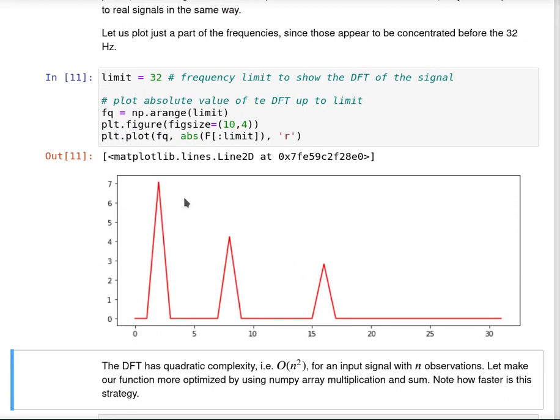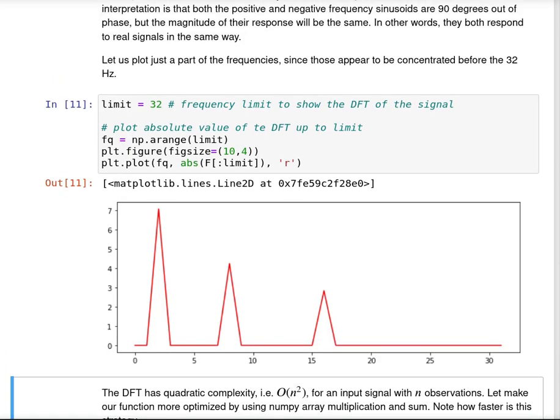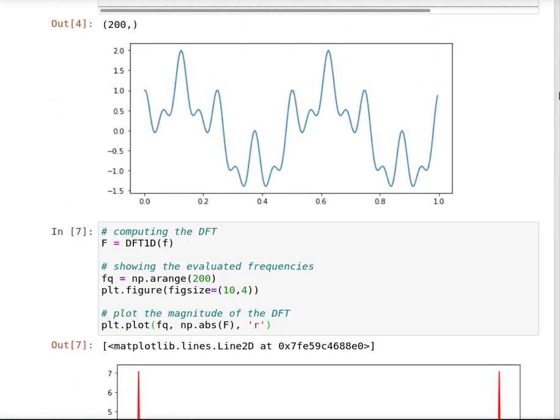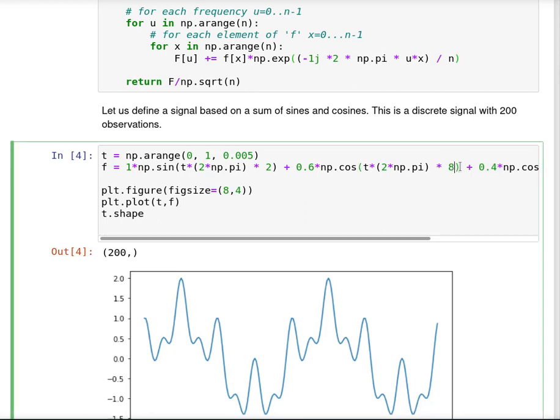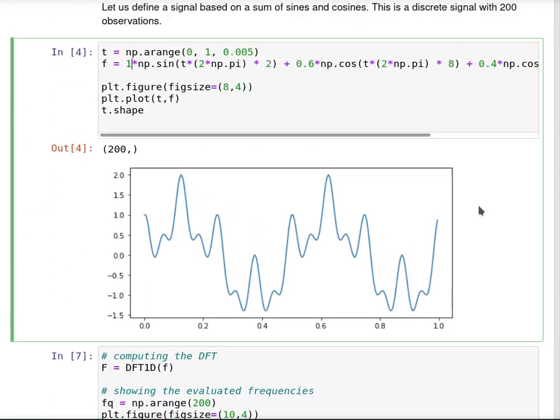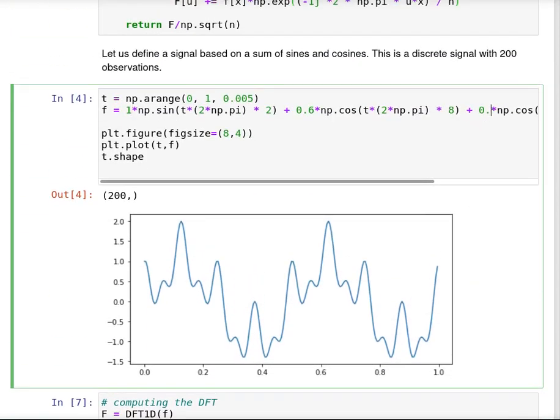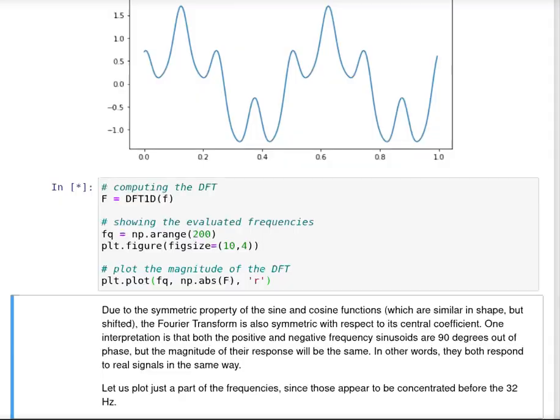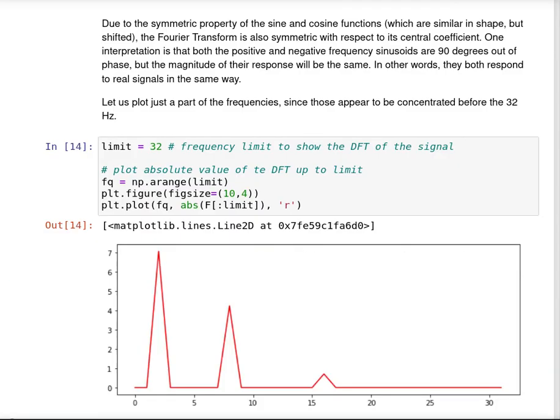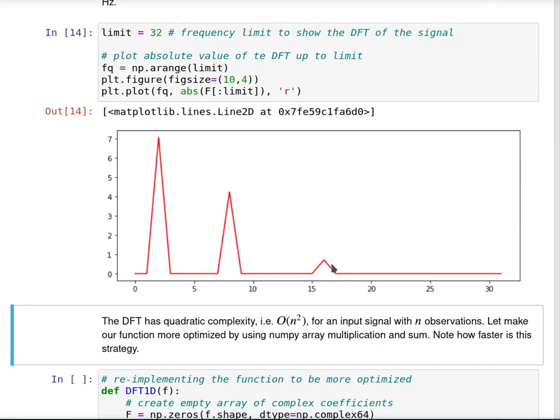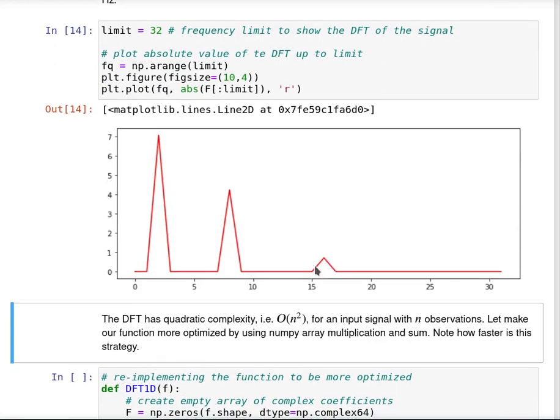And it's decreasing because I used different amplitudes to compose the function. They were not using the same weight. They were weighted by 1, 0.6 and 0.4, so increasingly lower. If I decrease here, for example, what I'm going to observe is a lower peak at that point.